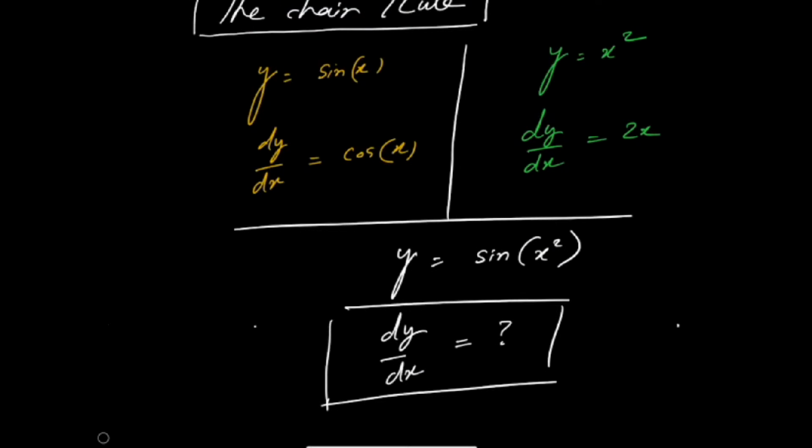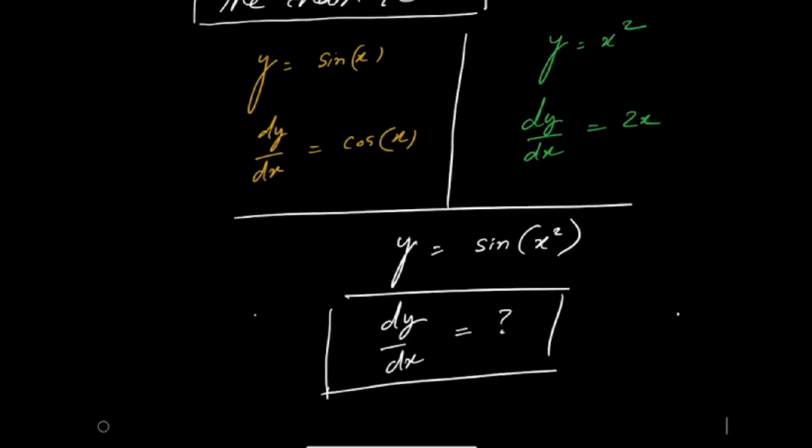Okay, I know how to take out the derivative of sin x. It is cos x. I know what the derivative of x square is. It is 2x. But I do not know what the derivative of sine of x squared is. So here I use something called the chain rule.